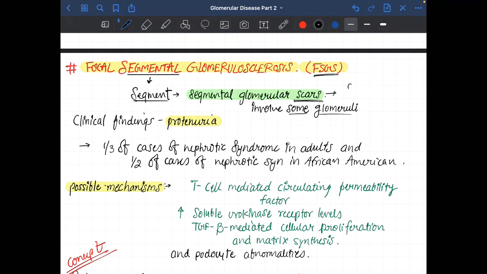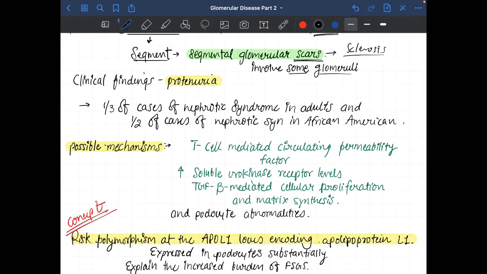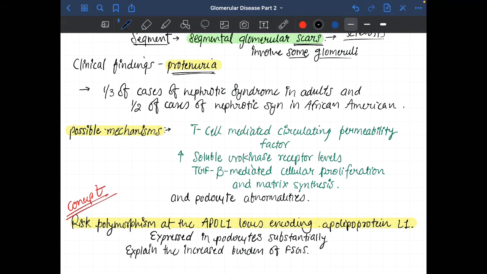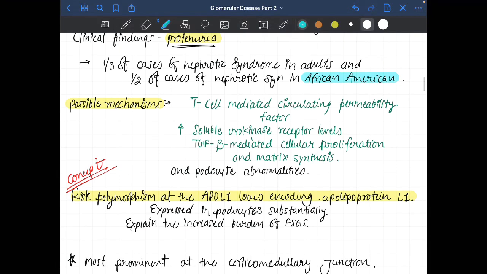Scars meaning sclerosis, that's why it's called segmental sclerosis. The clinical finding, as I discussed before, is mainly proteinuria. It accounts for one third of the cases of nephrotic syndrome in adults and half of the cases in African Americans. So the prevalence is more in African American patients.